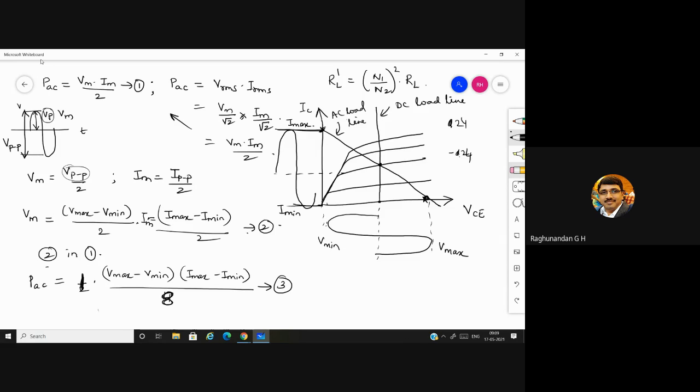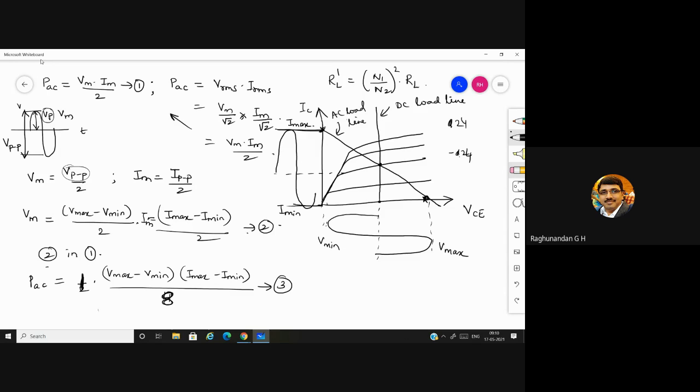You can design anything, but if you keep your VCC at a particular level, the output cannot cross that level. So while designing an amplifier circuit, you should think about what maximum output is expected, and based on that, choose plus VCC and minus VE. If you are expecting an output of 50 volt and you give 12 volt at VCC, it is not possible, because plus VCC is going to limit the signal at 12 volt.